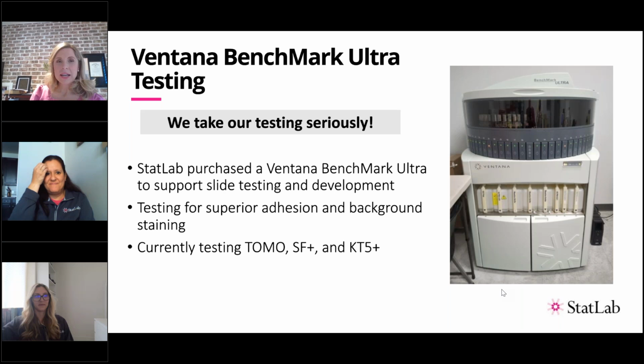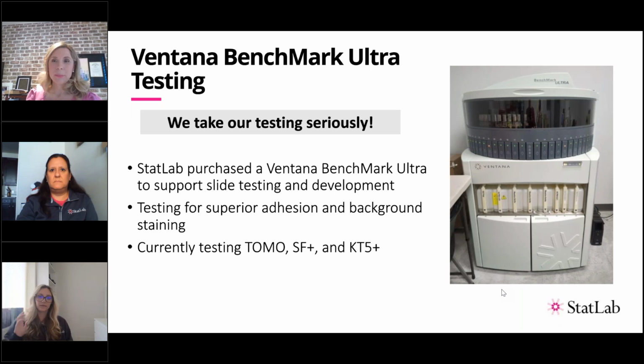That's our initial study, our initial comparison with adhesion testing that we presented at NSH. After that study, we're still developing slides. We're still on a mission to create the best slide possible with the highest levels of adhesion and minimal background staining.